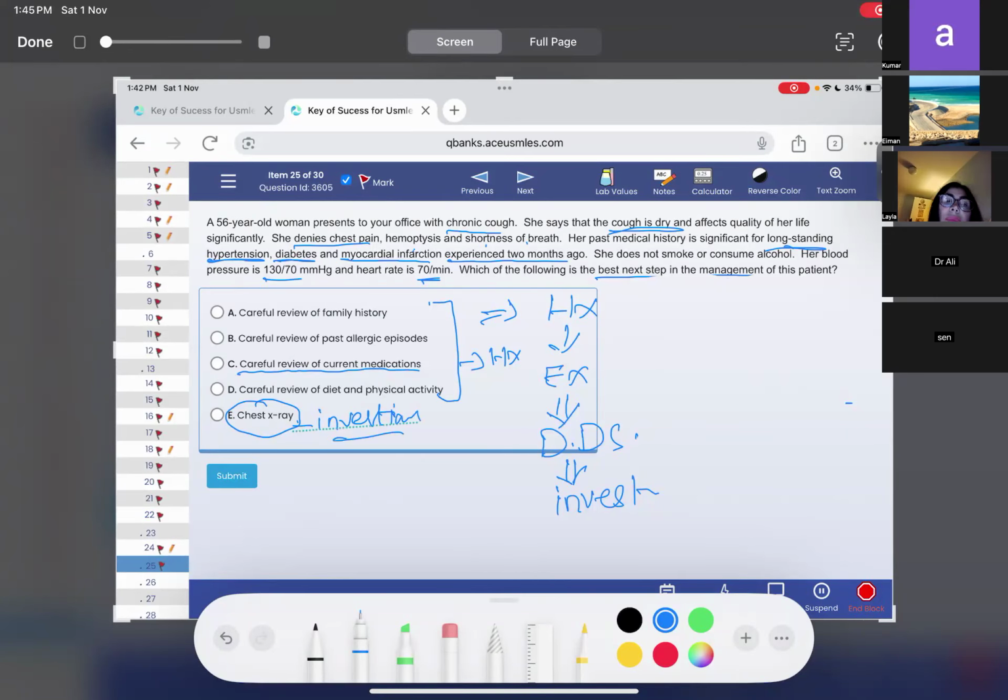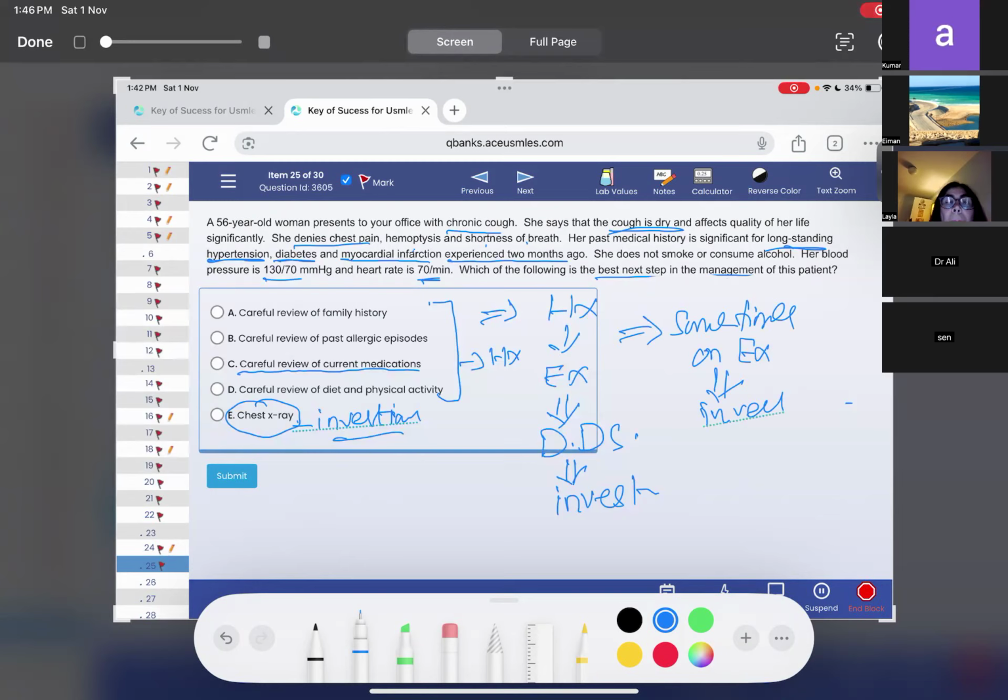Just X-ray. If we don't find anything on history, then on examination, and then on differentials, then we will go for investigation. If we found something on examination, then we will do an investigation to confirm it.